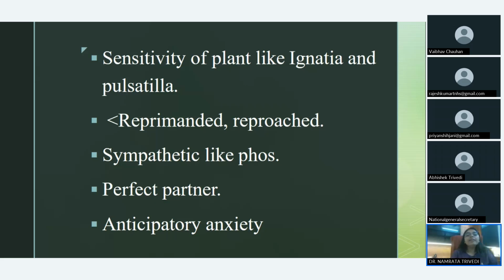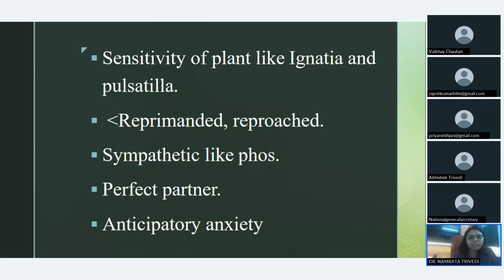He is very sympathetic, like Phosphorus. He does everything for others, loves others, is very caring for others because he is very sympathetic as well as empathetic. He is a perfect partner, like a perfect parent, a perfect mother, a perfect father, a perfect husband or wife, because he does everything for others, nothing for himself or herself.